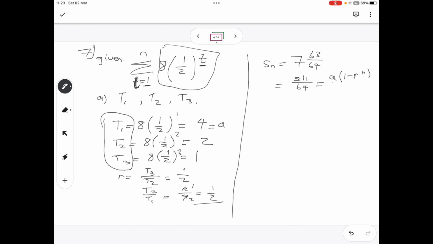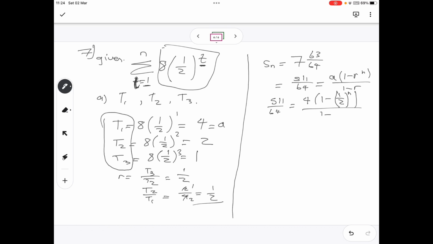Okay. And if you recall that other formula, a times 1 minus r to the power n over 1 minus r. And luckily our constant ratio is not 1. So we have 511 over 64 equals a is 4. We have 1 minus a half, 0.5, to the power n.